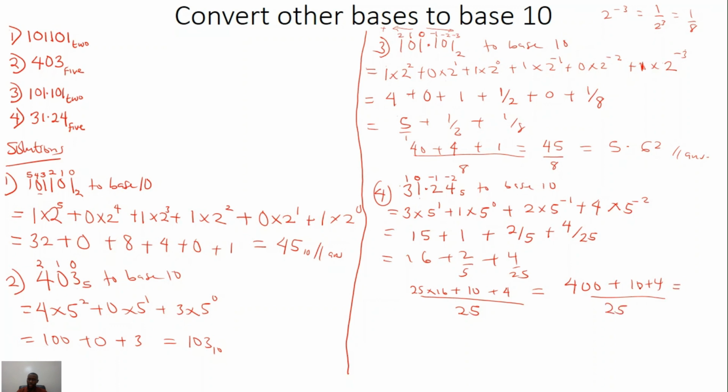And this will be equals to 414 all over 25. Okay, and our final answer will be equals to 16.56. That is our final answer.